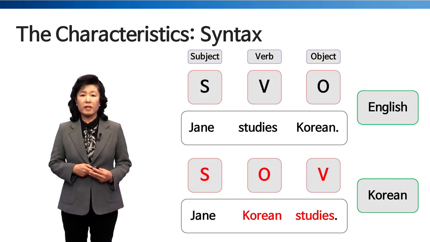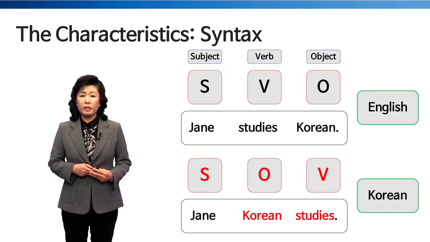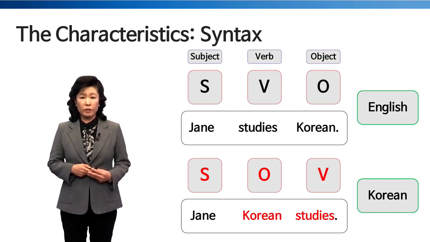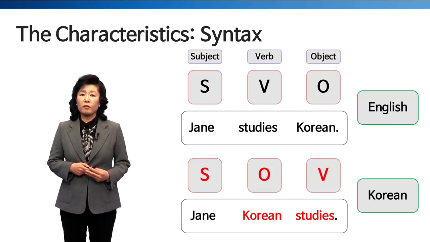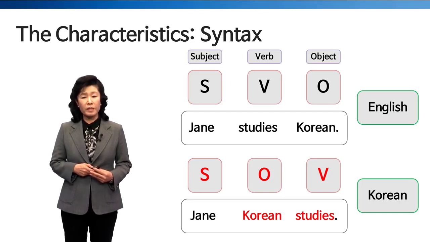In English, a sentence is constructed in the order of SVO, which is subject, verb, and object. But in Korean, it is in the order of SOV. For example, the sentence Jane studies Korean in Korean becomes Jane Korean studies.